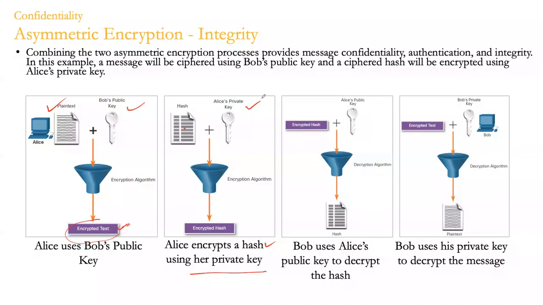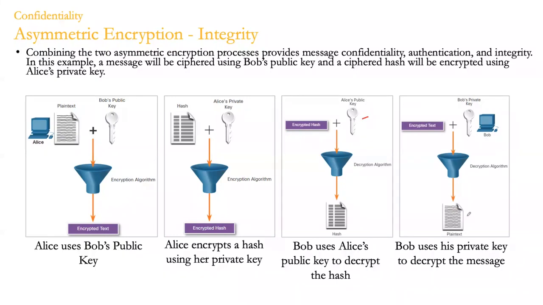To achieve data authenticity and integrity, that's why the hash value is combined with the private key. Now Bob uses Alice's public key to decrypt the hash, because they already exchanged keys.